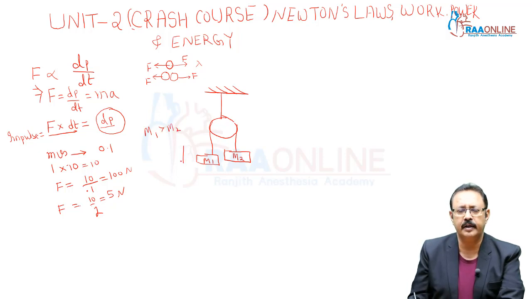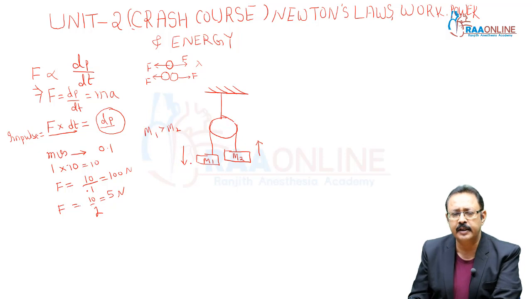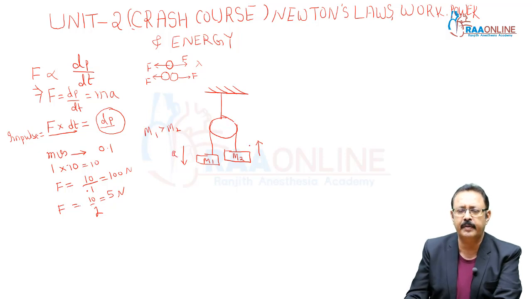It means m1 is going in this direction and m2 in this direction. Since both are connected by the same string, with the same acceleration m1 will move downward and m2 will move upward. Since the string is the same, the tension in the string should be the same.